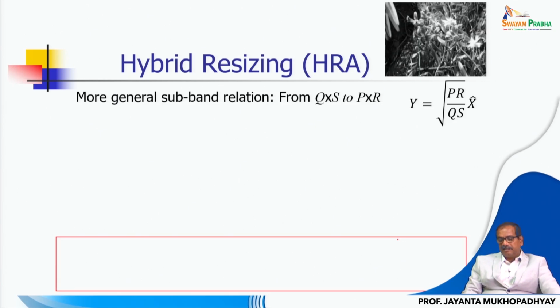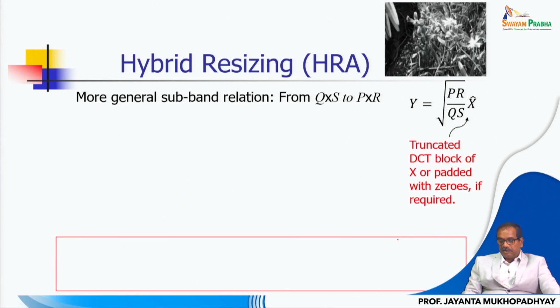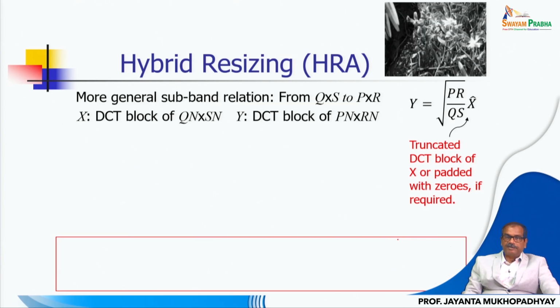So here is the approximation of the coefficients. If you have Q cross S blocks and you take P cross R coefficients, this approximation is a truncated DCT block of X, or padded with zeros if required. This relationship can be captured in various forms. X is the DCT block of Qn cross Sn and Y is the DCT block of Pn cross Rn.